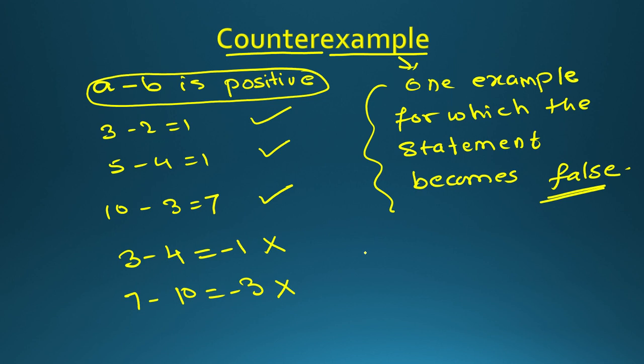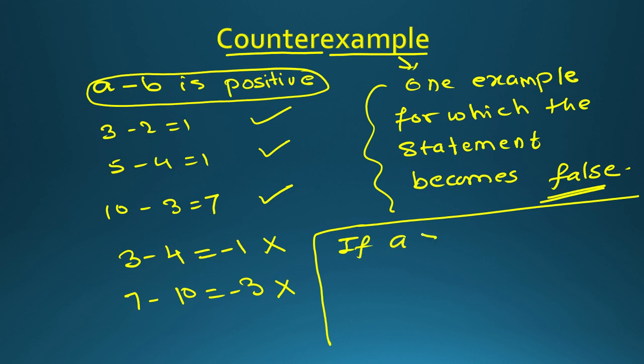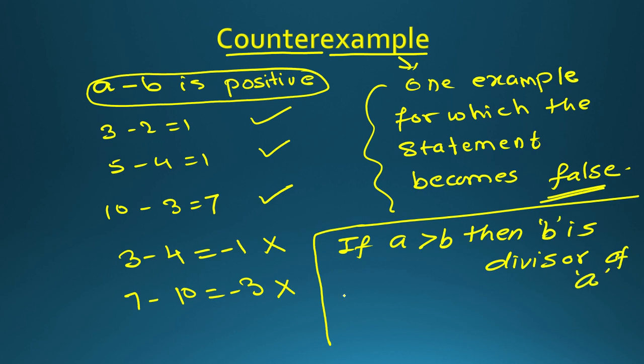Okay, again I will write one more example here so that we can understand in a better way. If I say, if a is greater than b, then b is a divisor of a. Now normally we think that if we see 10 is greater than 5, then 5 is a divisor of 10.